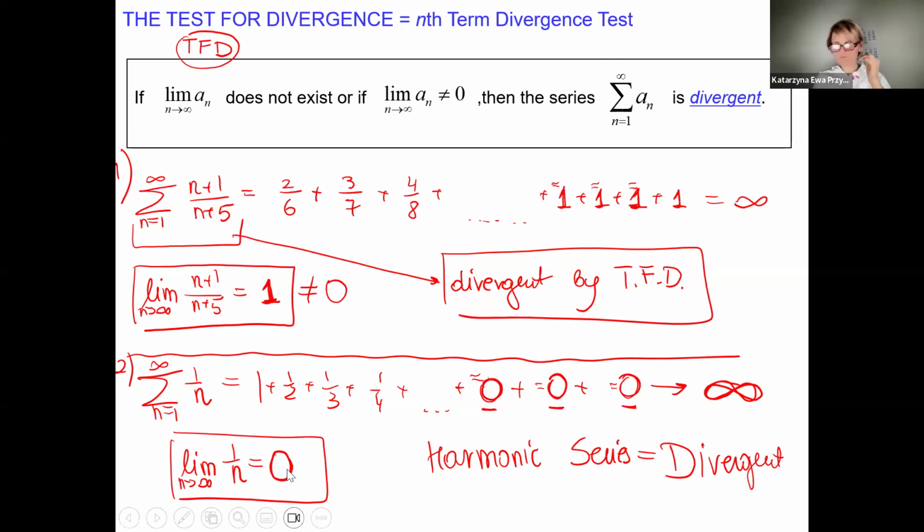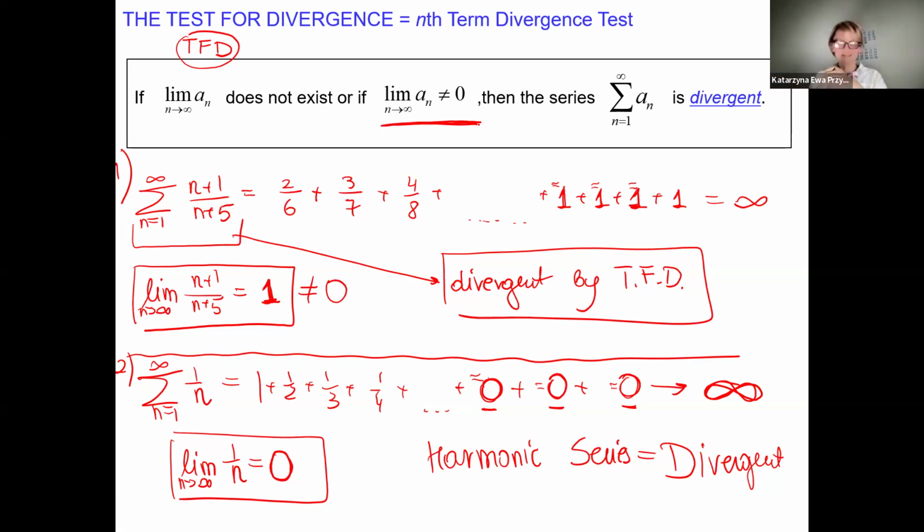First of all, when the limit is 0, we know nothing. We have to use different tests, different properties. And another thing, this is the test for divergence. This is only testing divergence, that means only this condition. How can we say it's convergent by the test for divergence?